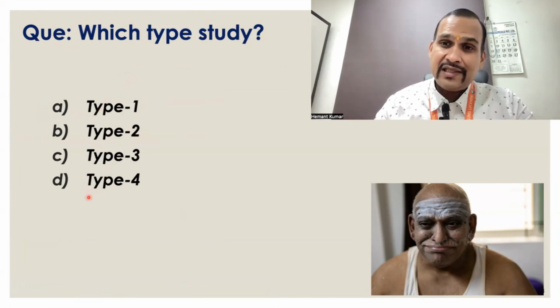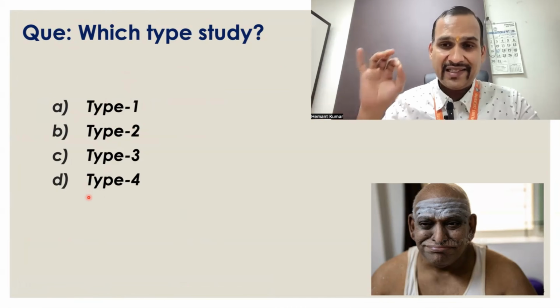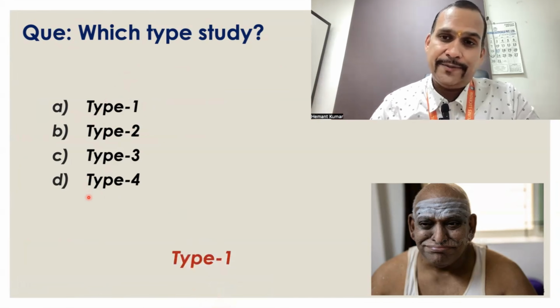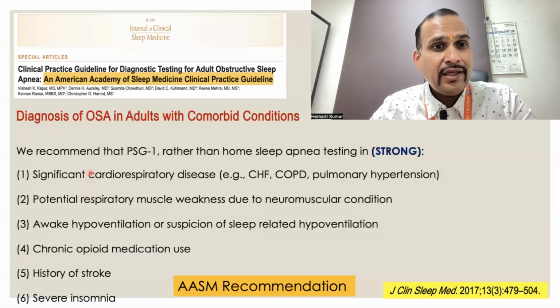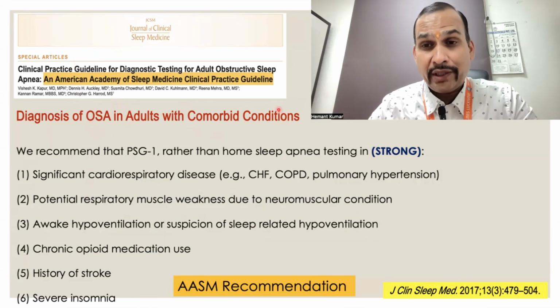So remember, for this type of patient, when comorbidity is there, when the patient met an accident, you have to do a type 1 study only. This is the guideline from the American Academy of Sleep Medicine, on diagnosis of OSA in adults with comorbid conditions.